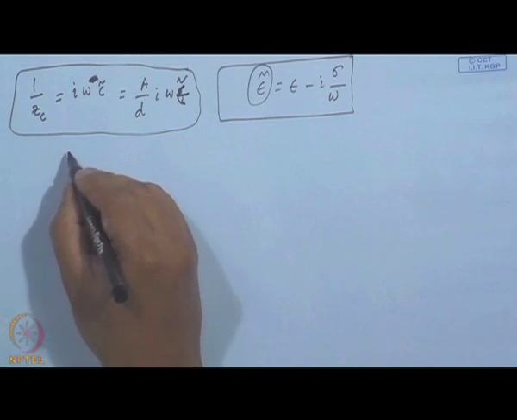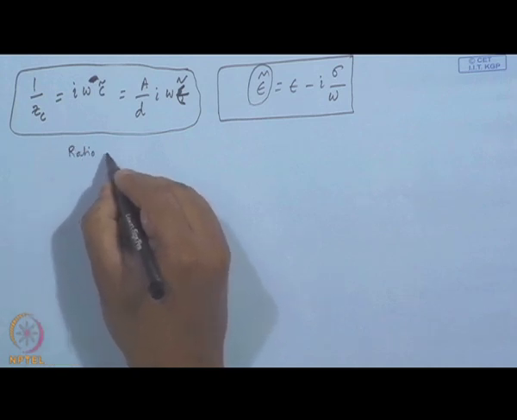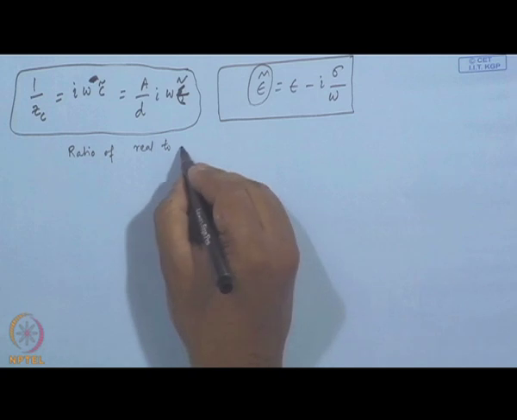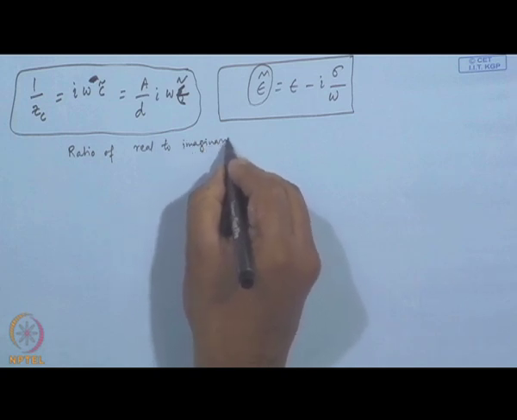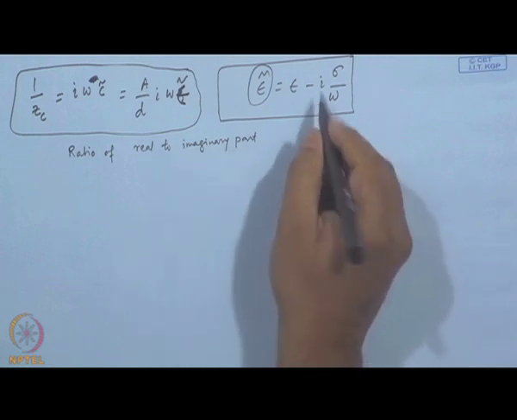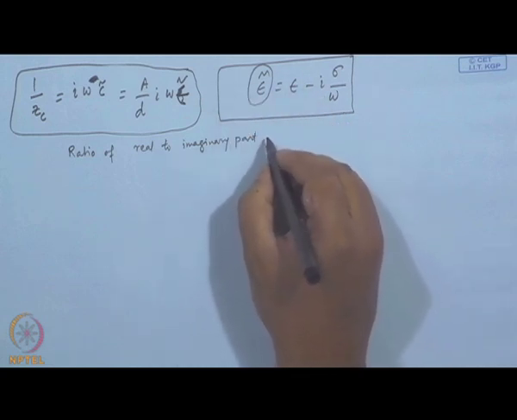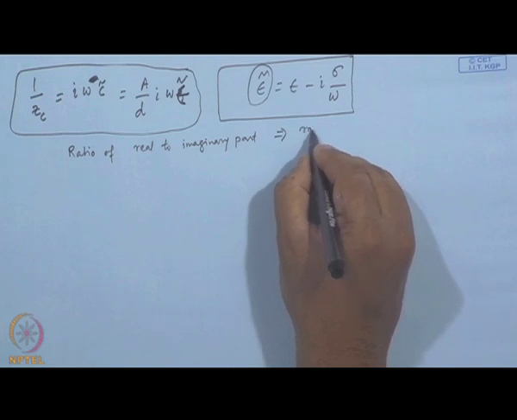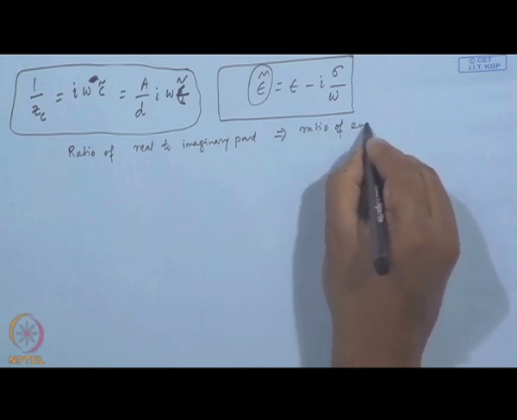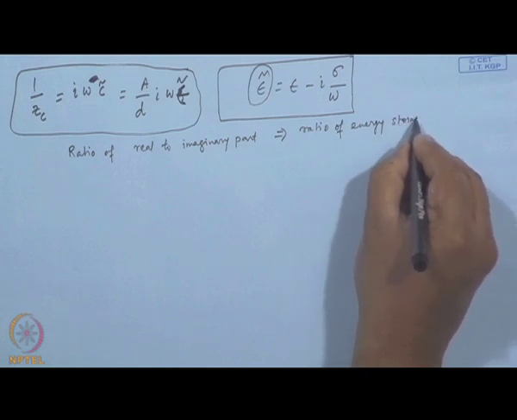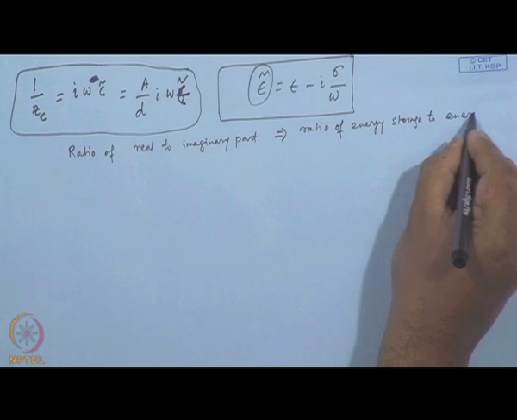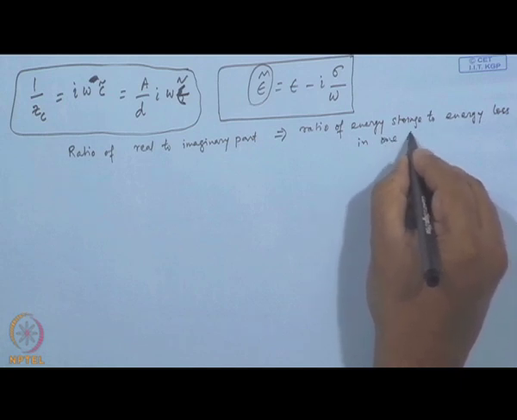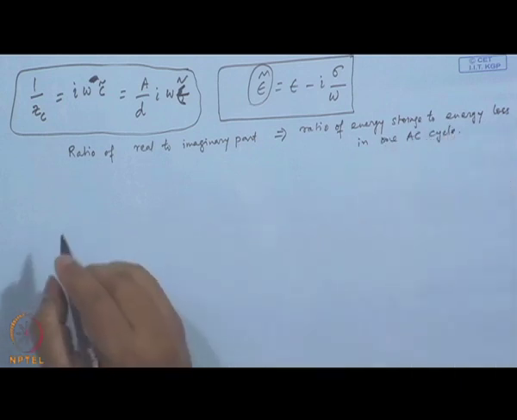Now, if one wants to write the ratio of the real to imaginary part of this complex permittivity, that gives the idea of the ratio of energy storage to energy loss in one AC cycle.